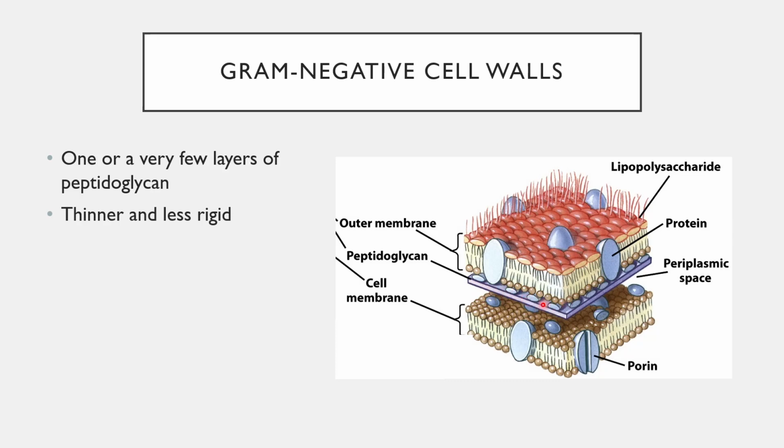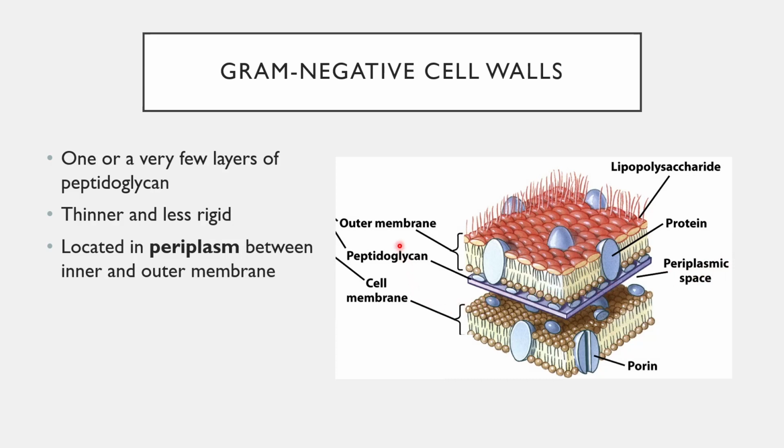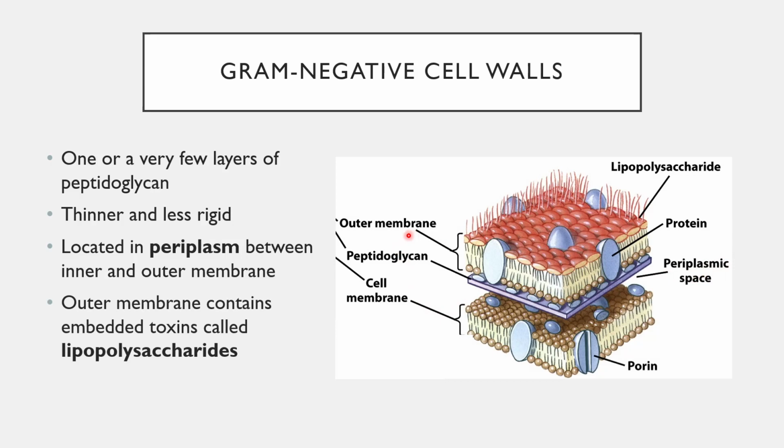The wall is also located in a space called the periplasm, which is sandwiched in between two layers of membrane, the inner cell membrane and the outer cell membrane. The outer membrane furthermore contains embedded toxins called lipopolysaccharides that play a role in the virulence of gram-negative bacteria.